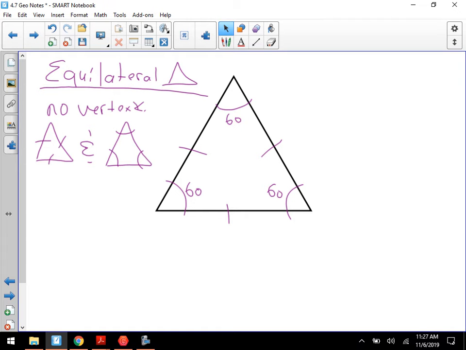This triangle, the equilateral triangle, is actually one of the basis of trigonometry. We use this triangle to show how right triangle stuff is going to work. We use this triangle to show how to get the Pythagorean theorem to work. We use this triangle to show how what's called the unit circle works.